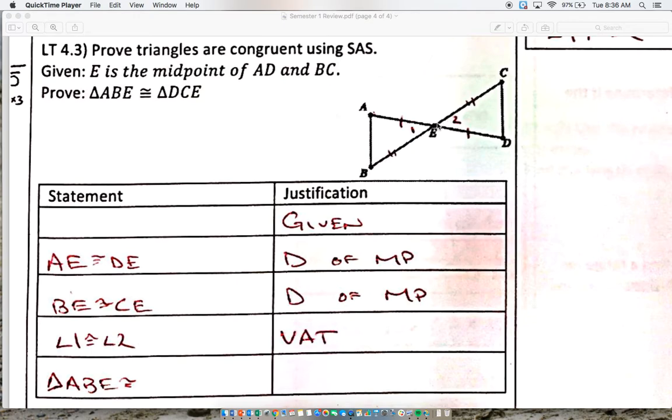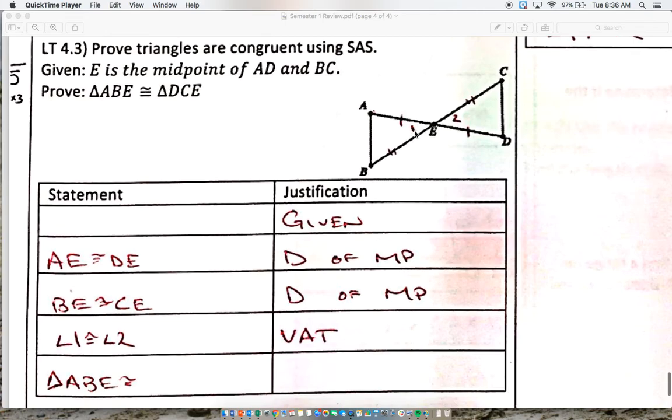That's two clues here. Don't say anything like AB is congruent to CD because you don't know that. What you do know is that angle 1 is congruent to angle 2, and that's by the vertical angle theorem. And so the two triangles are going to be congruent here. Looks like I forgot to finish this one. By SAS. You've got side, angle, side, the two sides and the angle in between.